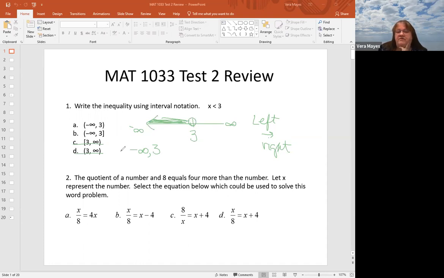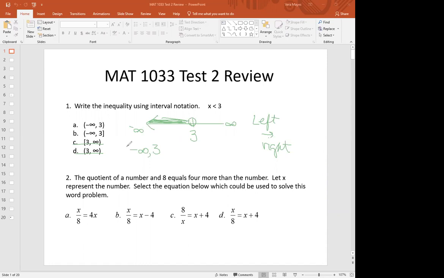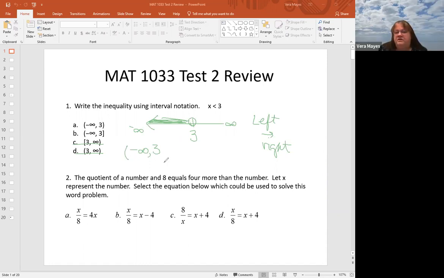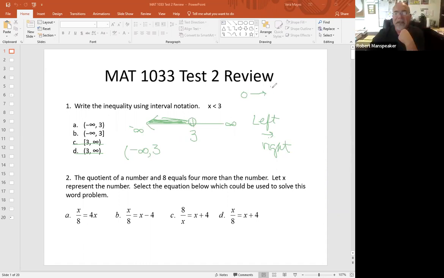So infinities, what do infinities always get? Do they get a bracket or a parenthesis? Parentheses. Perfect. So we still have 2 answers that look good. Now we had an open circle. So open circles, do they get a bracket or a parenthesis? Parenthesis.